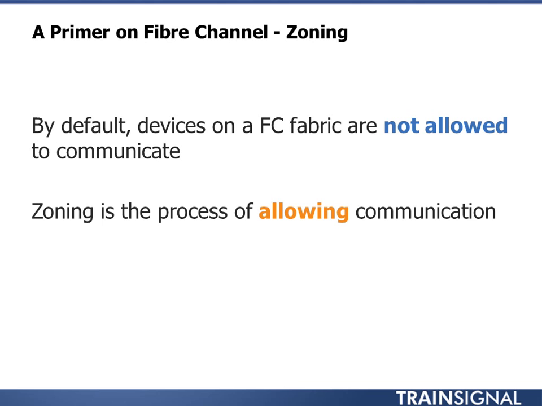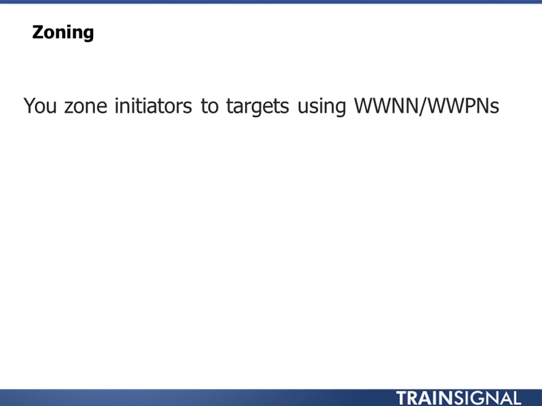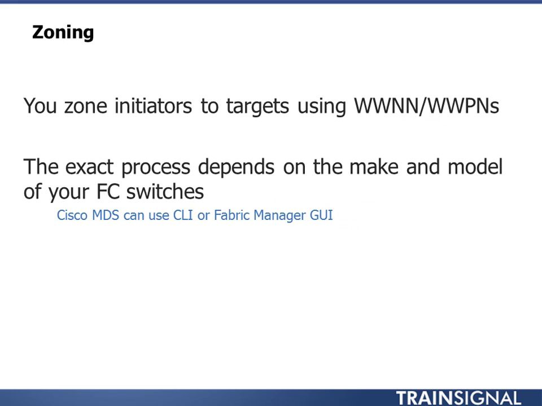You put those together, it's called a zone, and then they're allowed to communicate. You zone initiators to the targets using the WWNNs and WWPNs. The exact process depends on the make and model of your switches. With Cisco MDS, which is what I use a lot, you can use the command line interface or Fabric Manager GUI or the new Data Center Network Manager GUI, whichever you want to use.